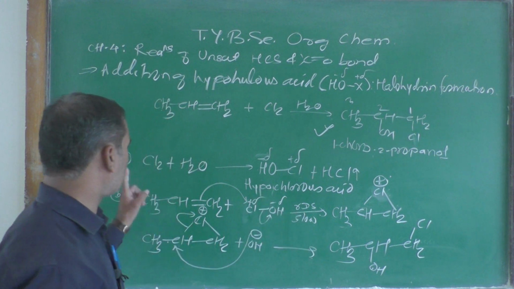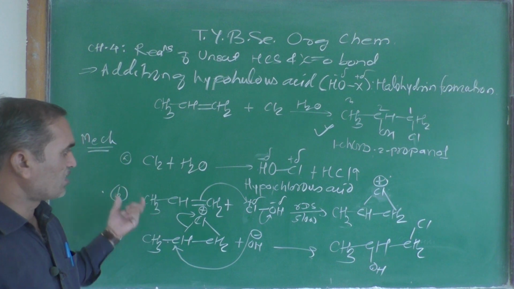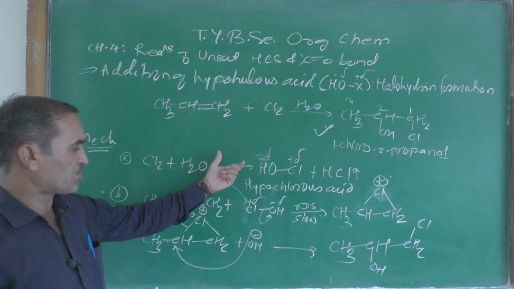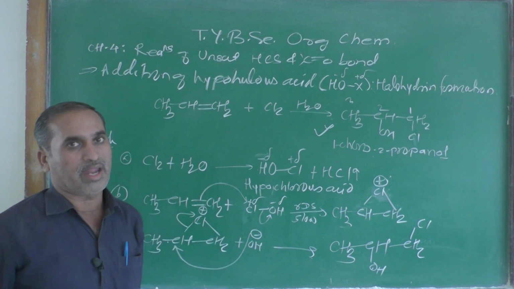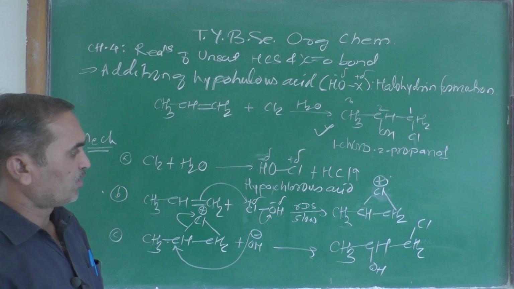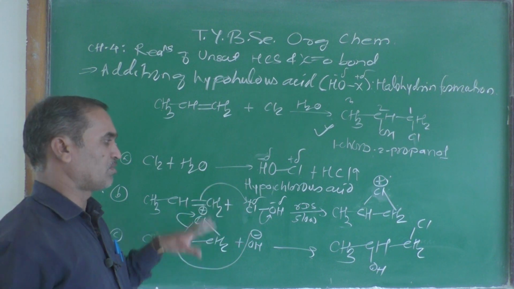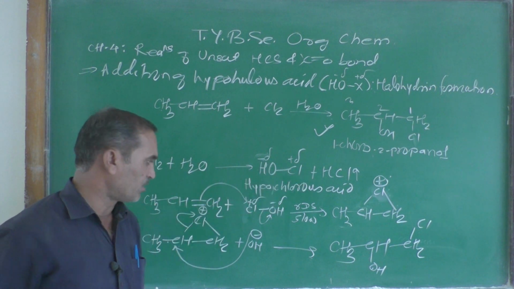Here the first step is the formation of the hypohalous acid. In the second step, the hypohalous acid reagent attacks in the rate determining step, which is a slow reaction, where we can find out how much time is required to complete that reaction.